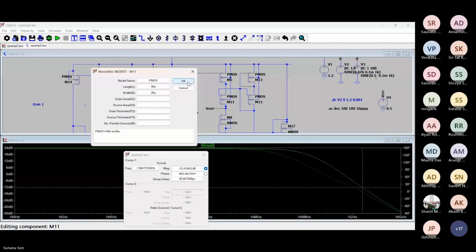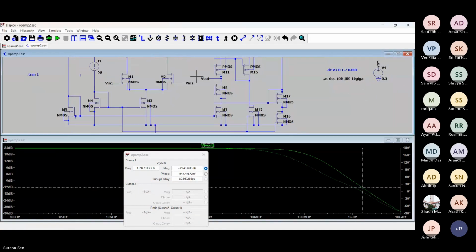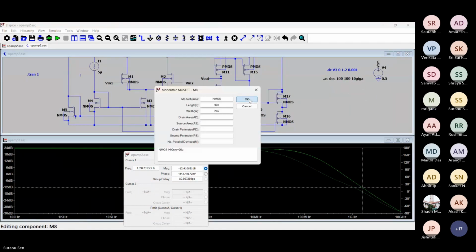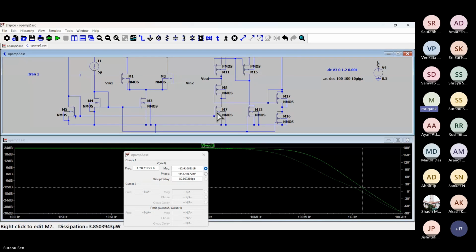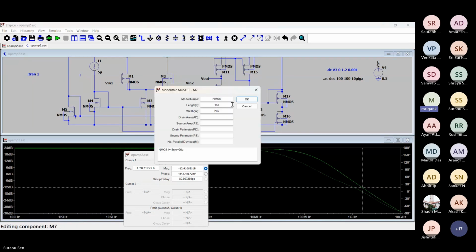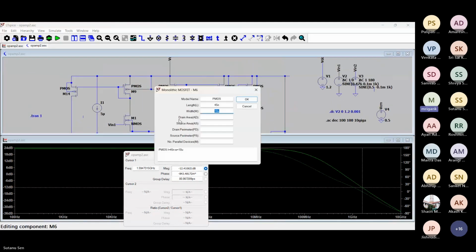Go down. So you may have to increase the L. So make both of these also larger. So W and L both you can increase. So W you can make it 40 micro and length you make it 90. 90 nano, not micro.